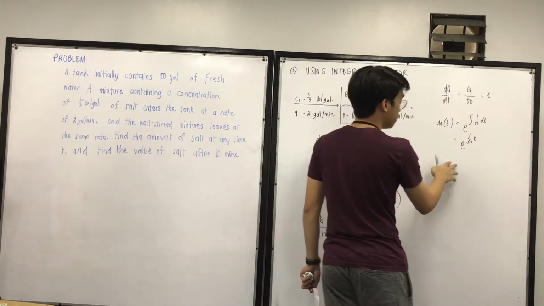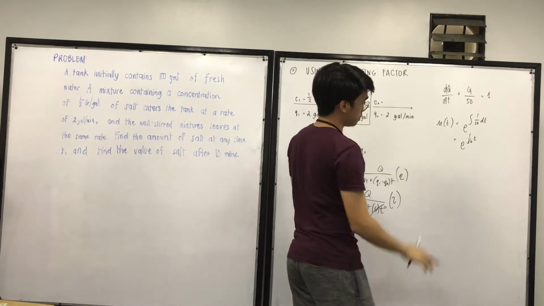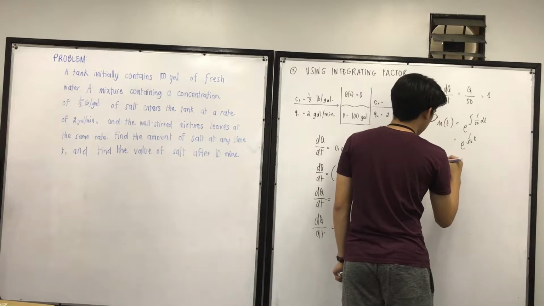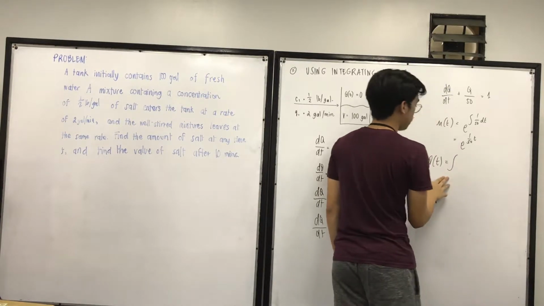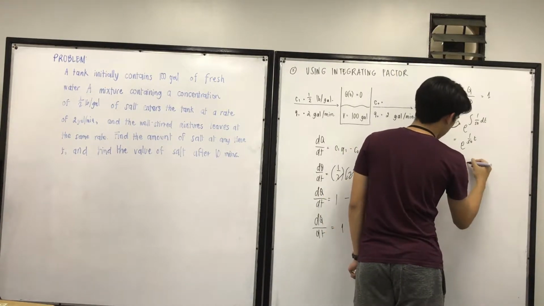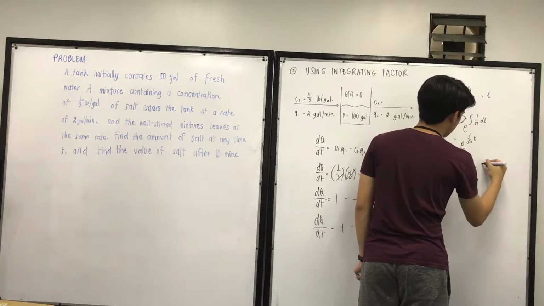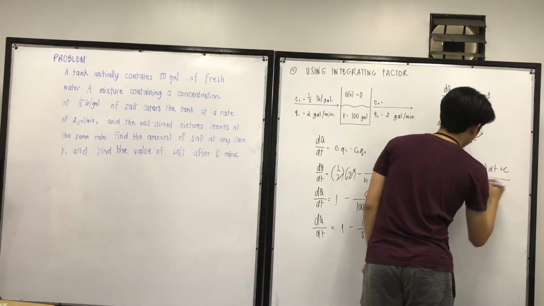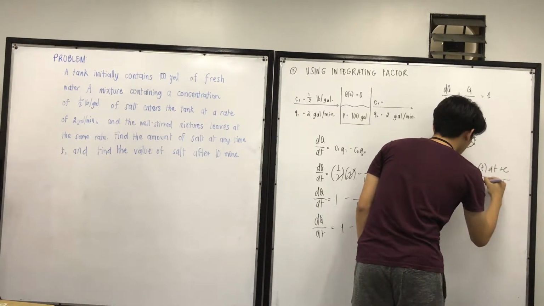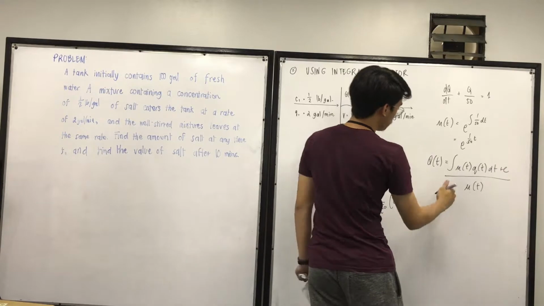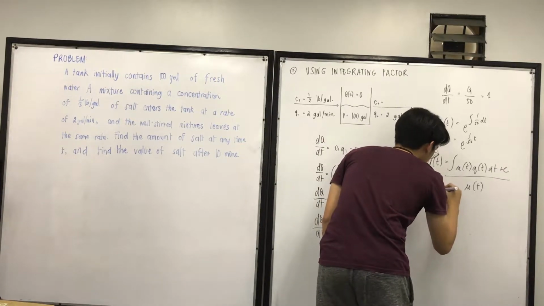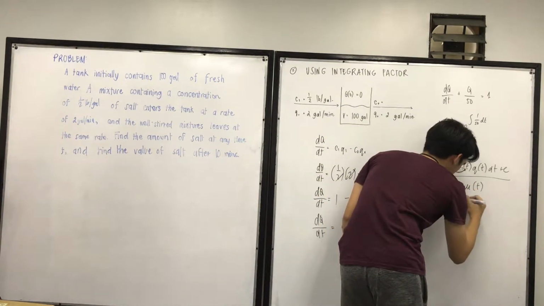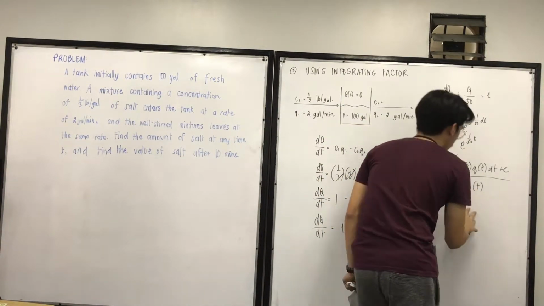So the solution for a linear ODE, in this case we'll be using the letter q, which is q of t, is equal to the integral of mu of t multiplied to Q of t dt plus c all over mu of t. So substituting each value, q of t is equal to the integral of mu of t, which is e raised to 1 over 50t, multiplied to Q of t.